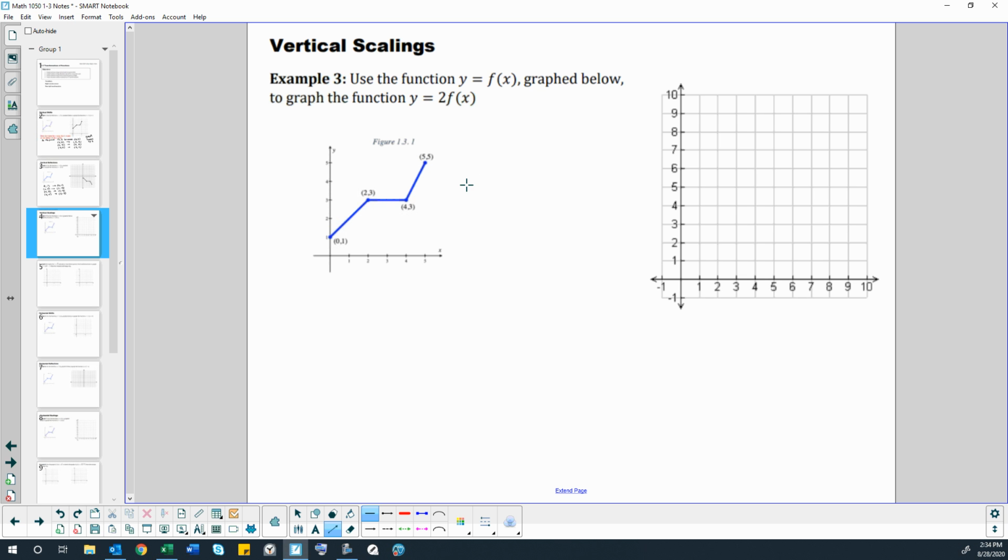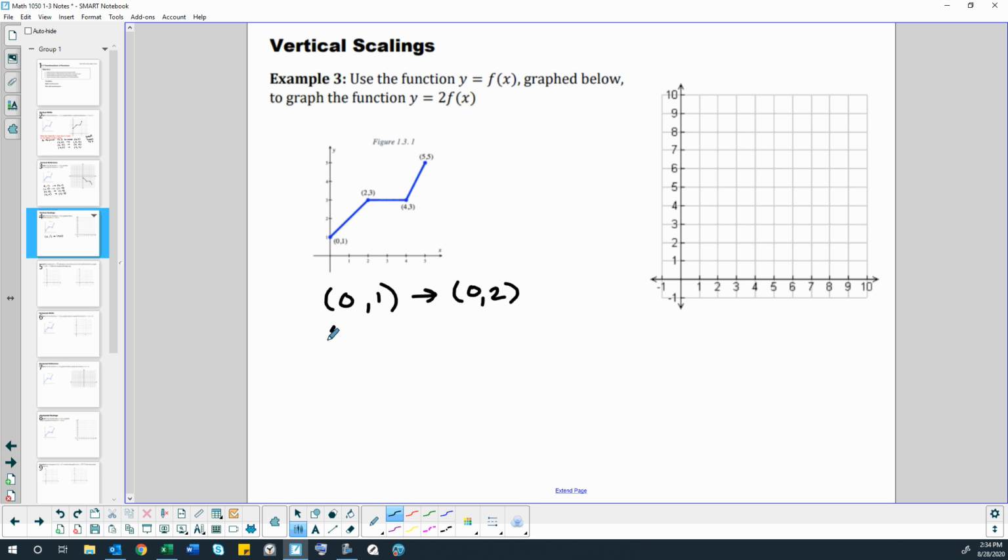Last vertical one is vertical scalings. So again, we take our function f of x, which is this picture, and we're going to multiply by 2. So f of x is times 2. That means our y values are going to multiply by 2. So we take our point 0, 1, and we multiply our y value by 2.